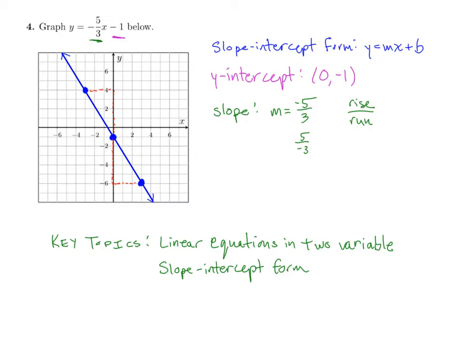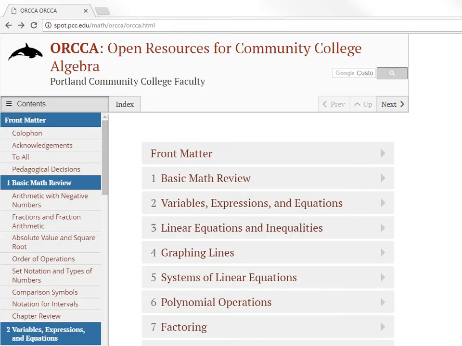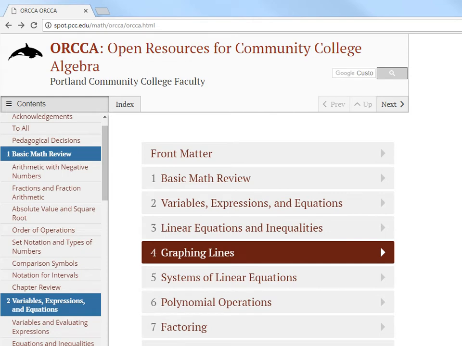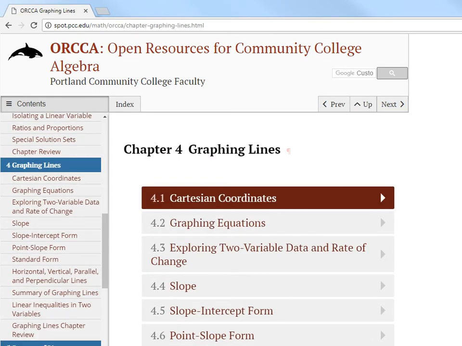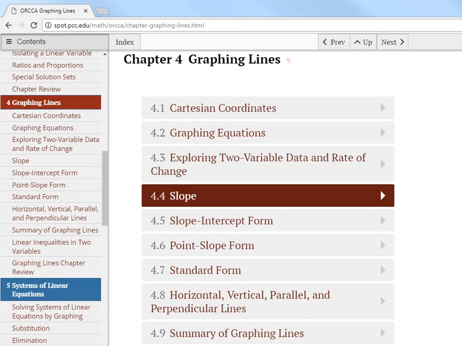So coming over to our ORCCA text, which again can be found at spot.pcc.edu/math/ORCCA/ORCCA.html. What we're looking for here, if we come to Chapter 4, we have graphing lines. And looking in there, there's a lot about that 2D coordinate system.